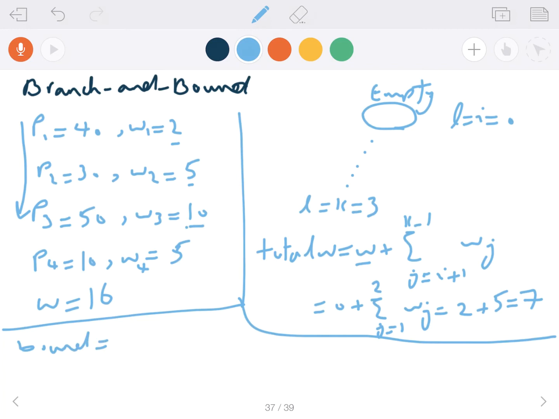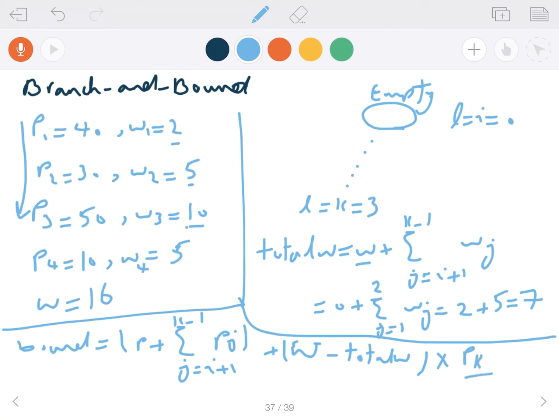It is the profit so far, so I'm going to call it P, that we had before, plus the sigma of j equal to I plus 1 up to k minus 1 of pj, plus the total weight that we had before, minus the total W that we calculated, multiplied by the ratio of the item k, so pk divided by wk.